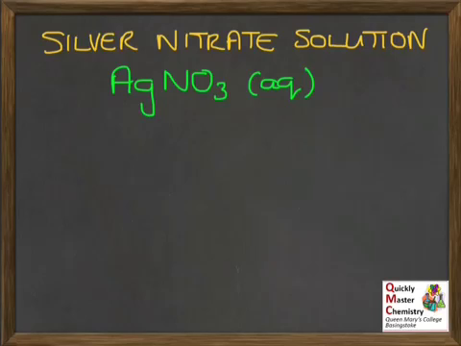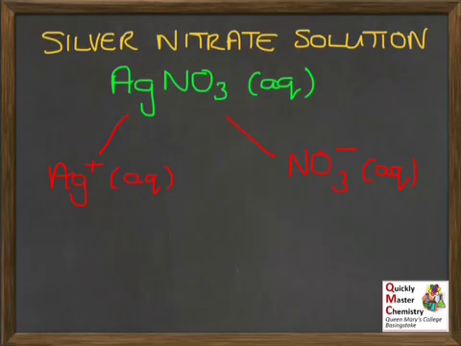What actually happens is that the ions in the lattice, the positive and negative ions, move apart from each other, and so you get a solution of positive ions and a solution of negative ions.